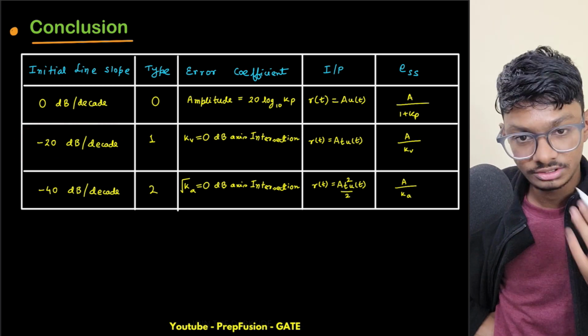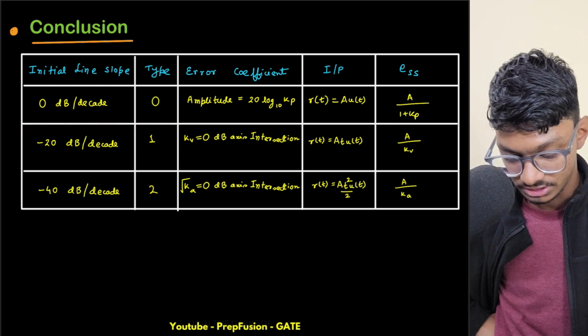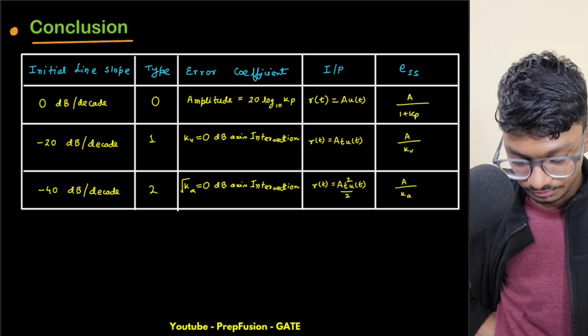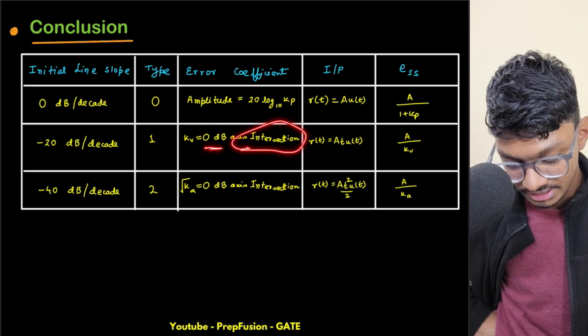Now if the initial slope is minus 20 dB per decade, then it is a type 1 system, and kv, the velocity error coefficient, will be the 0 dB axis intersection.